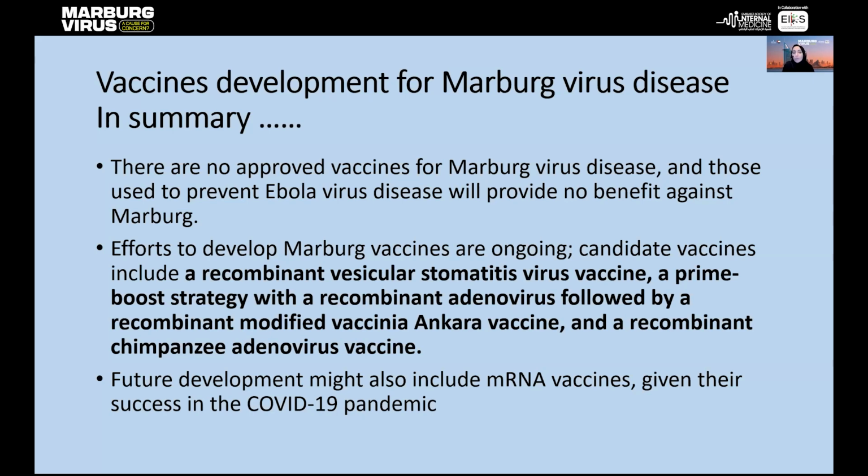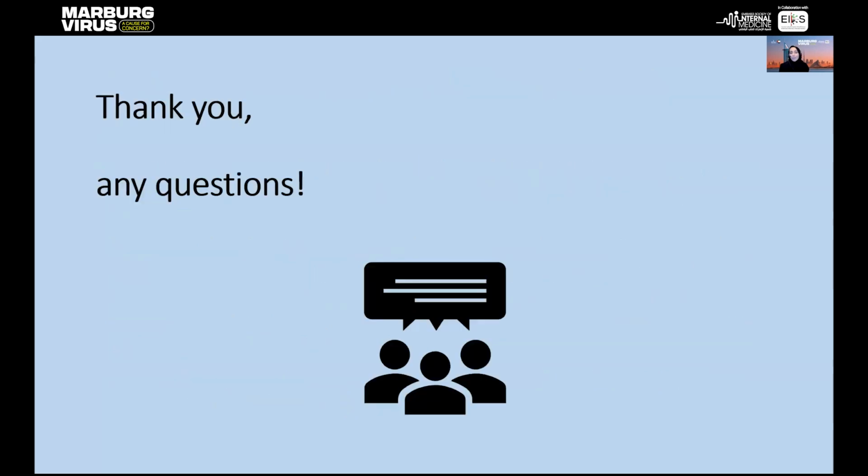Future development might also include an mRNA vaccine, and hopefully we'll see soon a successful vaccine to stop and prevent the lethal Marburg virus disease. Thank you so much. I think the questions will be at the end.